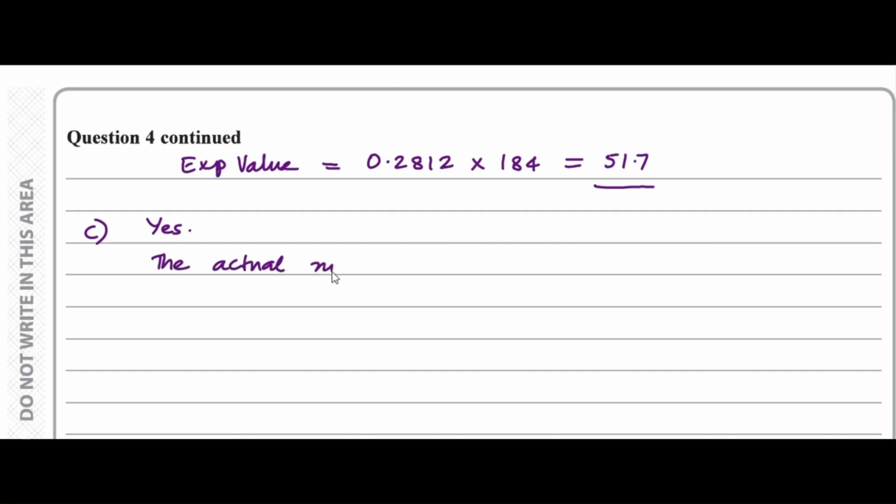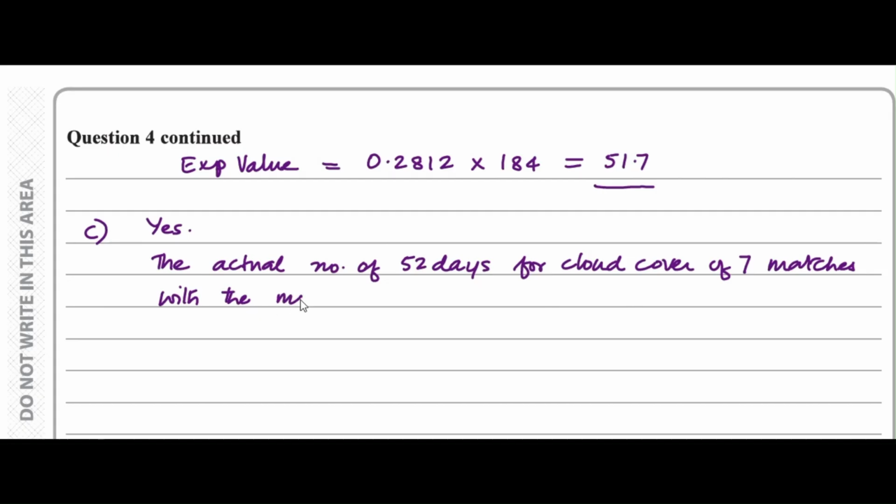The actual number of 52 days for cloud cover of 7 matches with the model calculated value of 51.7. Hence, it supports the model.